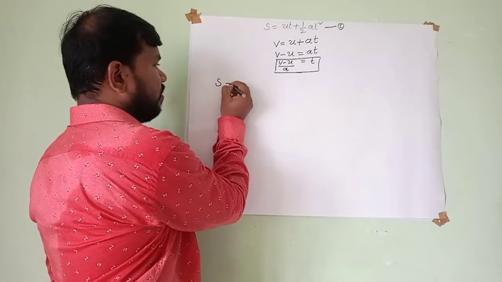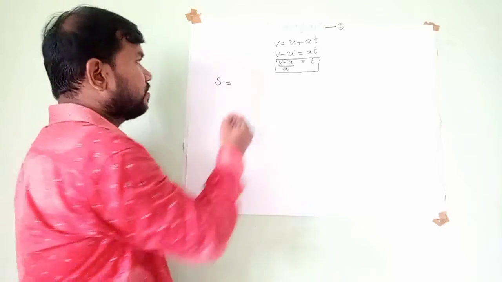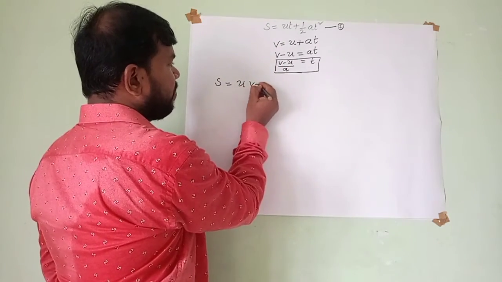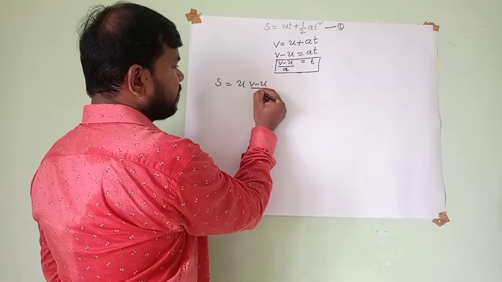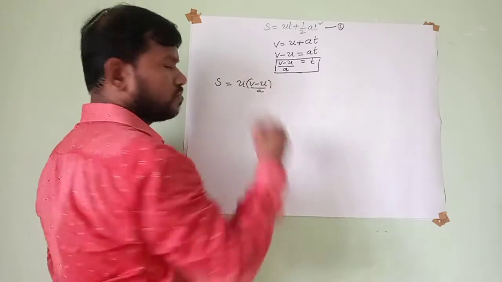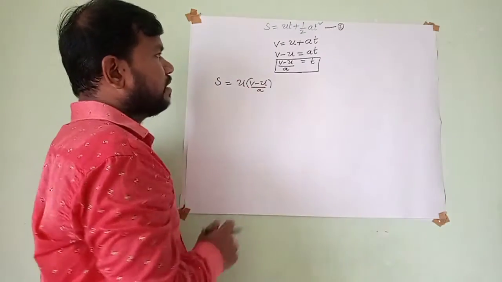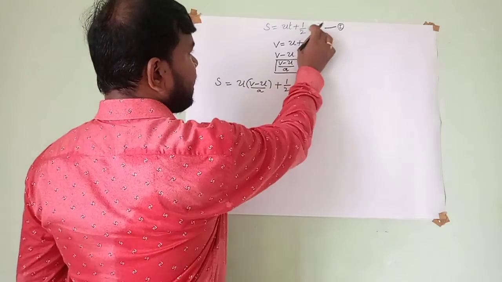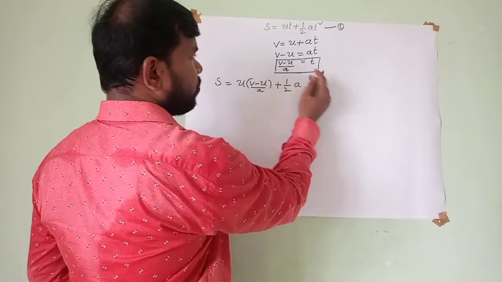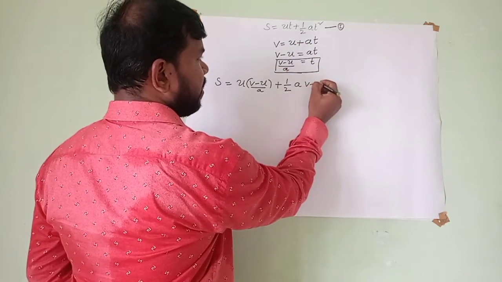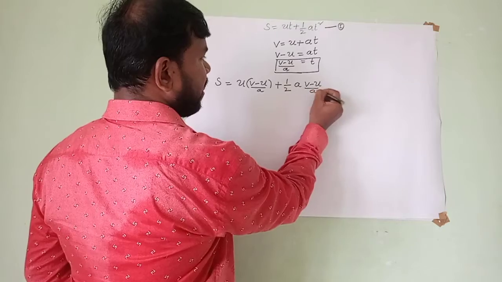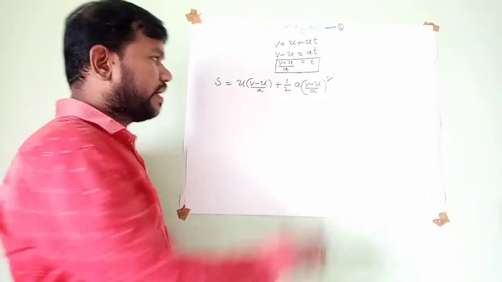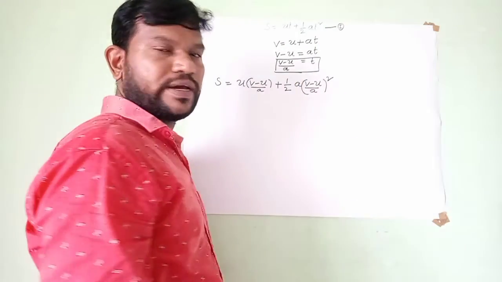S is equal to u into t. Instead of t we have to write v minus u by a. Plus half a into t square, t means v minus u by a whole square.